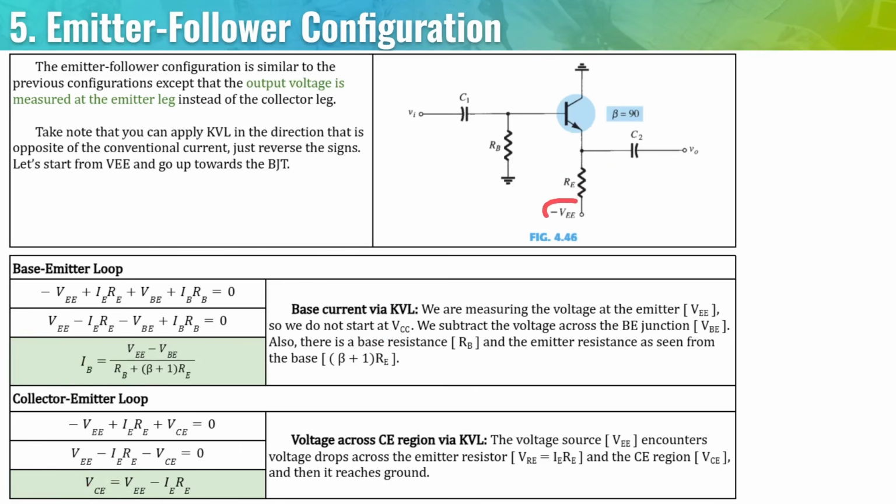So basically source minus voltage drop. Now you may be wondering, what about VC? As you can see here, VC is connected to the ground, so that's going to be 0. That's also why VCE is equal to just VE, because again, it's connected to ground.